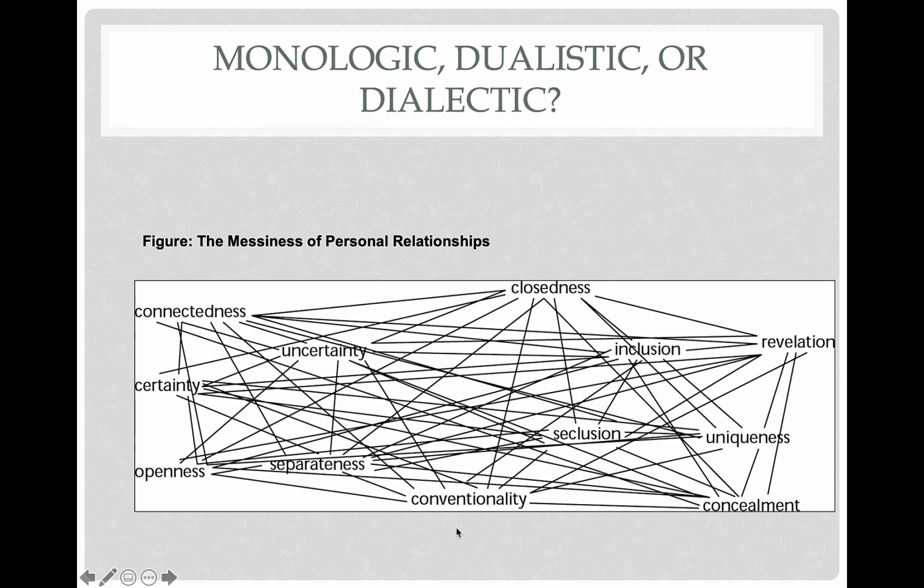One way of thinking about our relational lives is monologic, and that is that we're either connected or we're separate. We're either interdependent or we're independent. We're either open or we're closed. So you can inhabit that either-or mentality. If you are not feeling close to somebody, you're feeling distant, you're just not close, or you're entirely being smothered and you're very close.